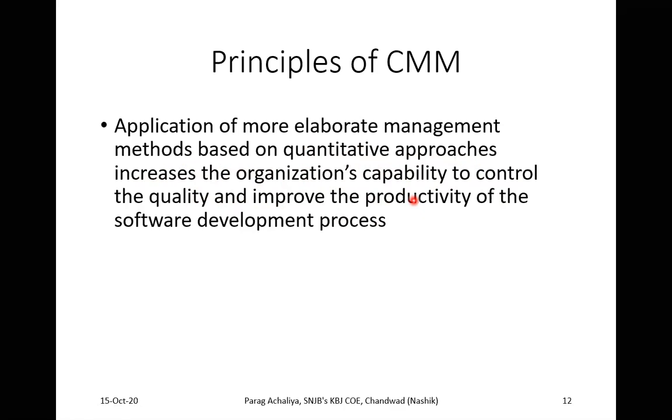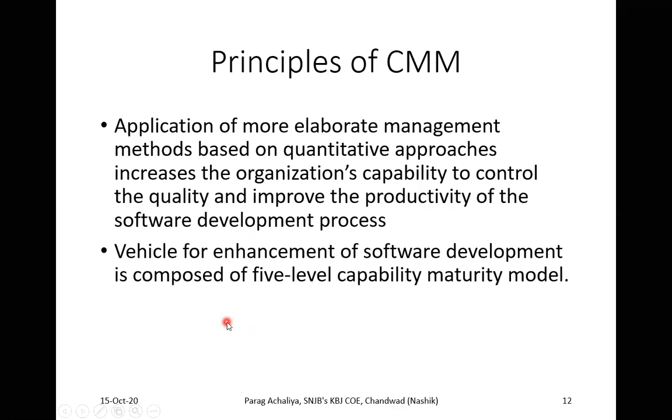If you give good quality, the productivity will automatically improve. So quality and productivity are directly related with each other in the software development process. This is the principle. So the first principle is directly related with the quality and the productivity of your software development process.